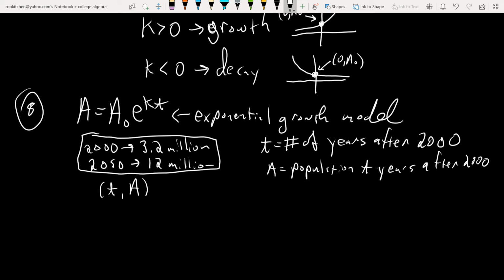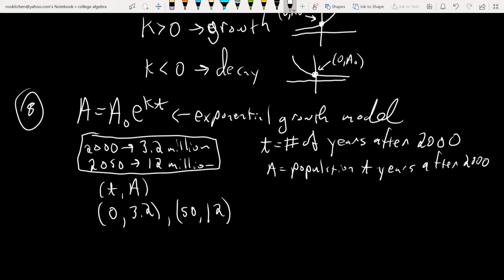These two factoids written as coordinates: the first one, 2000, is just 0, and the population 3.2, and then the second one, 50 years after 2000, the population is 12.